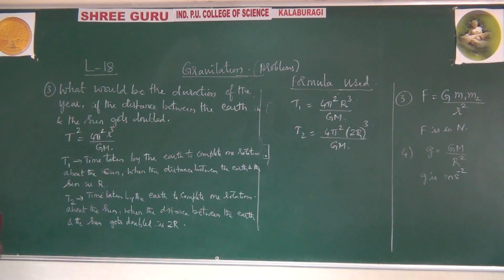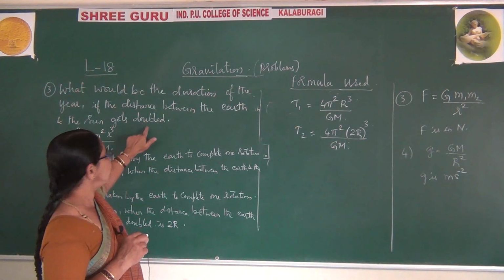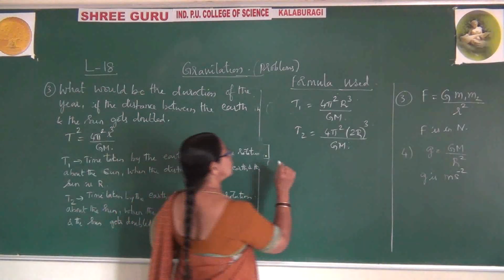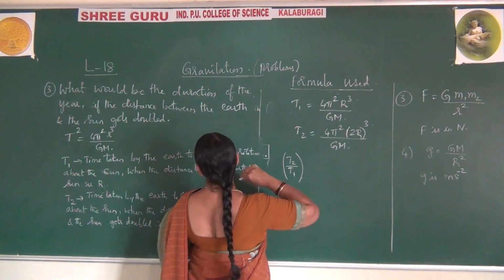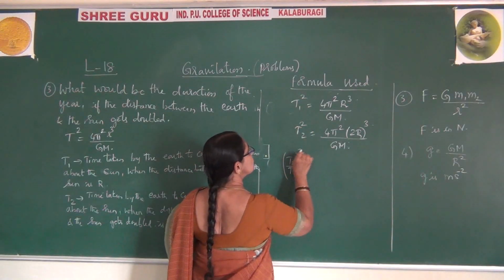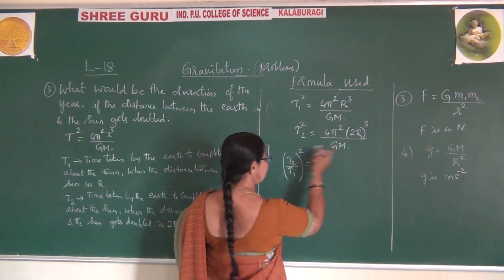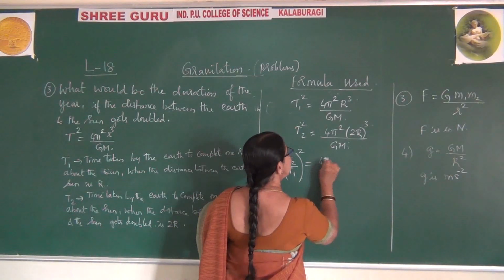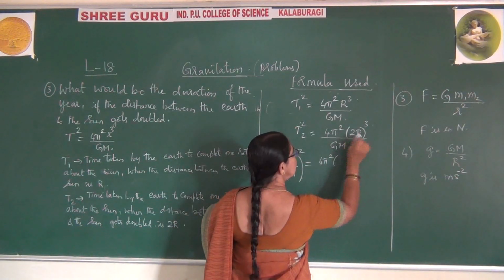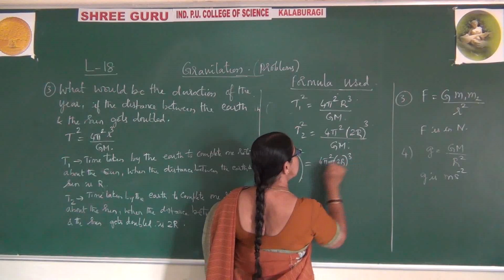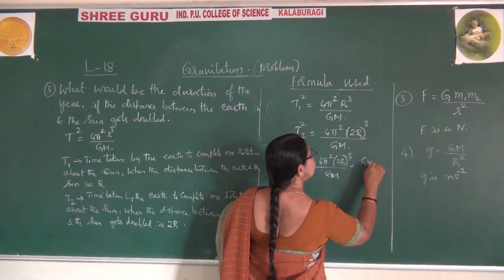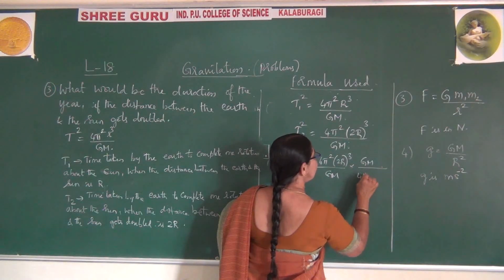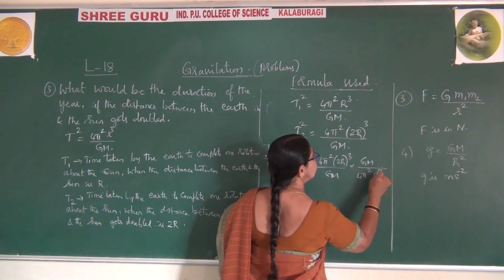At that time, if I write the formula to calculate for the second one, whenever it gets doubled, I write the ratio like this. T2 by T1 whole square is equal to, I first write 4 pi square into 2R cube divided by Gm, into Gm divided by 4 pi square R cube.